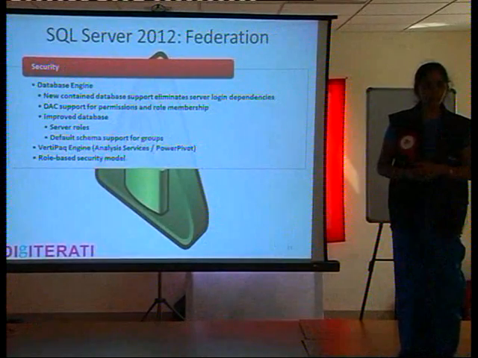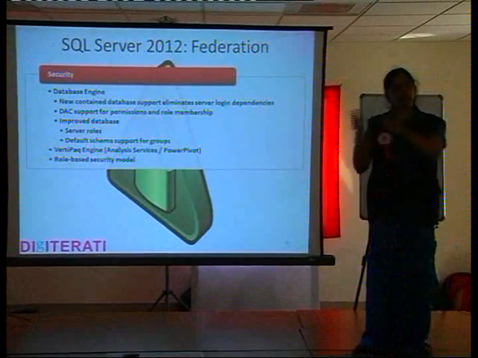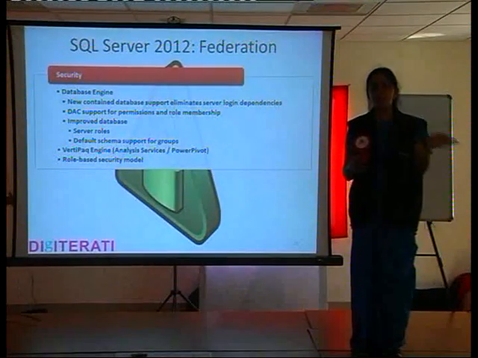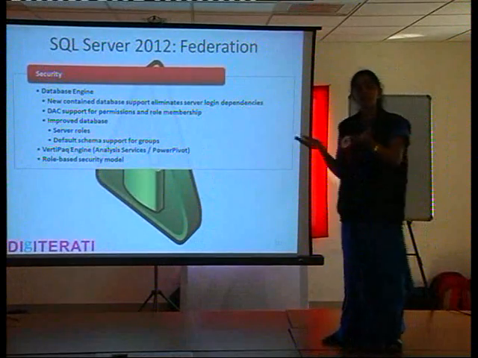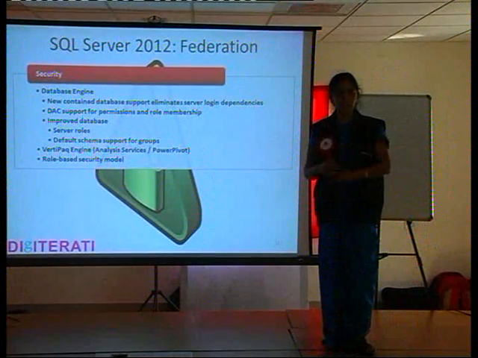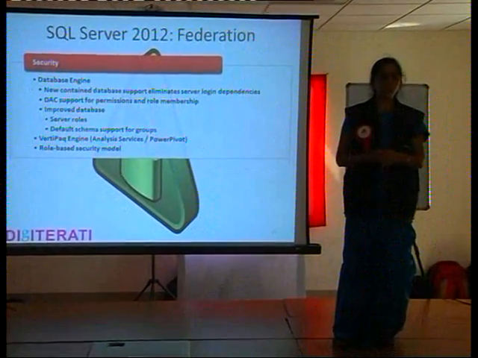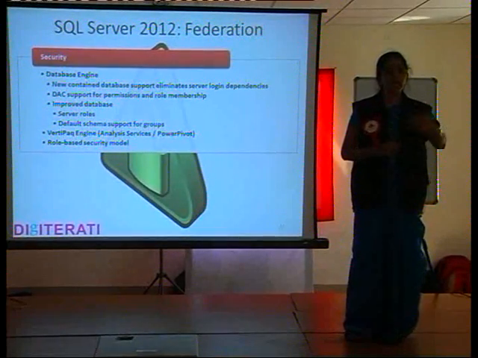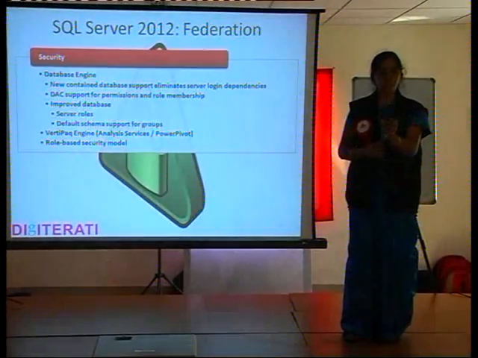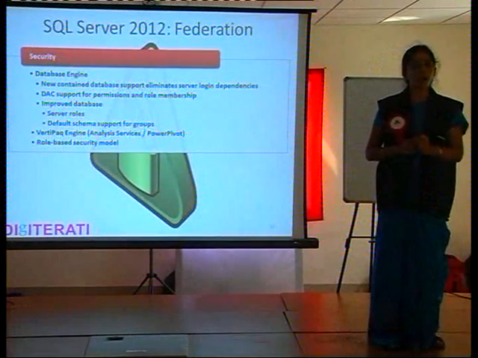Or you first copy the login from server instance 1 and restore it on instance 2, and then you back up your database and restore it on the second location, you will be able to map all your logins and your database roles. Otherwise, we will have orphaned database roles, and it will be very difficult to map them unless you write the alter command and get to know which login is orphaned and which role is orphaned. You have to find out and redo it.